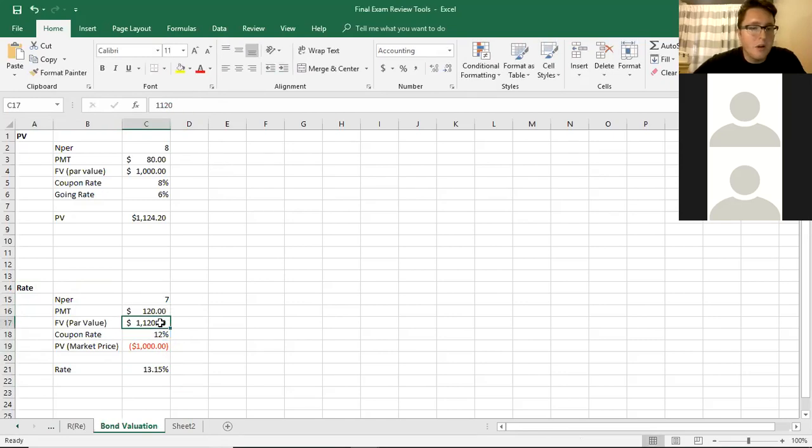And then your par value is going to be whatever they're giving you. So the call premium. They're giving me $120 plus the value of the bond. That's $1,120. And then set your market price present value to 1,000. And then you can solve for your rate of return.